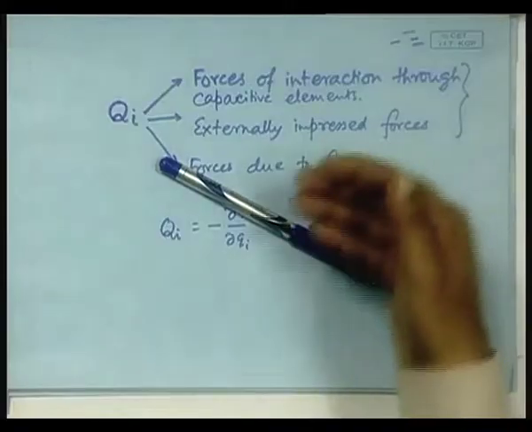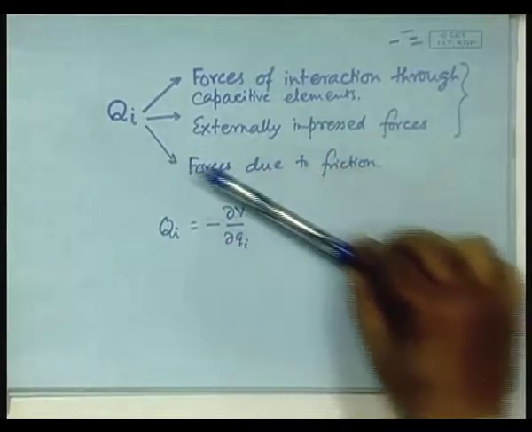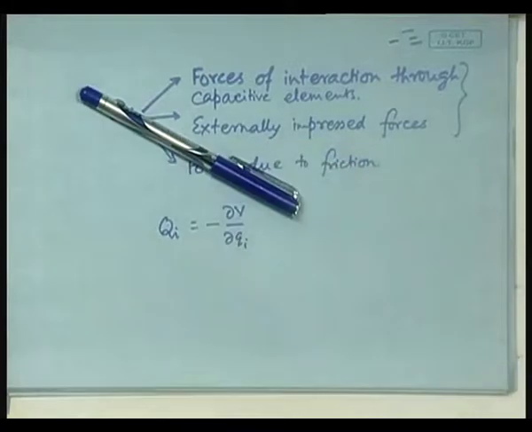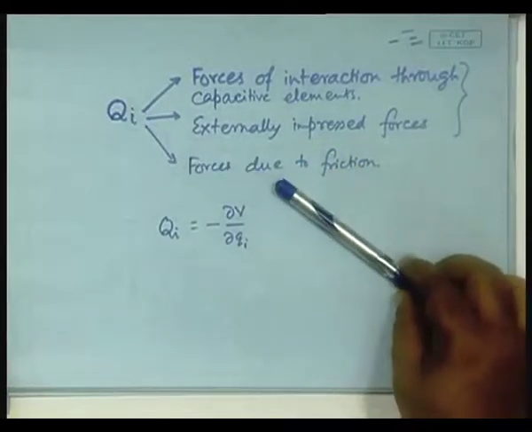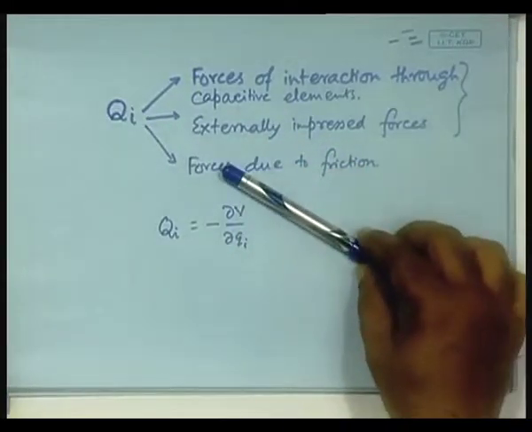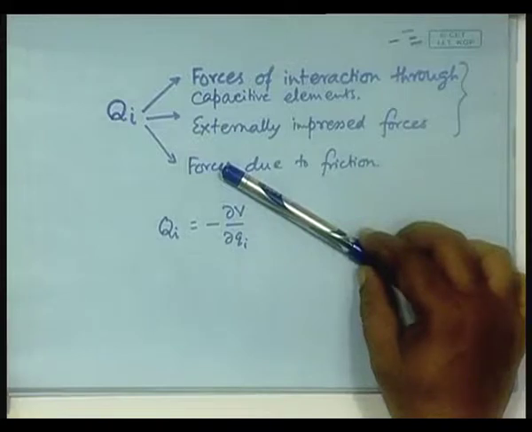Why? Because if I have something moving against a surface, and it is not dry friction, then the frictional force is proportional to the velocity.